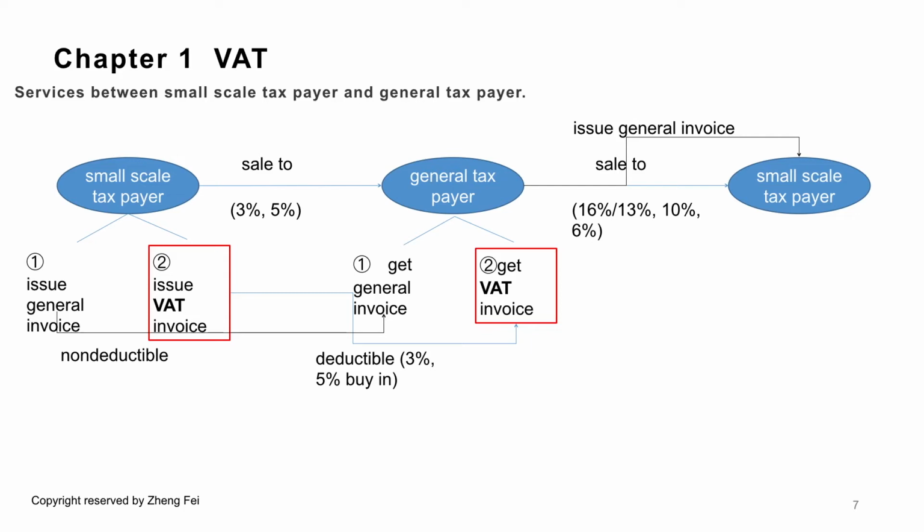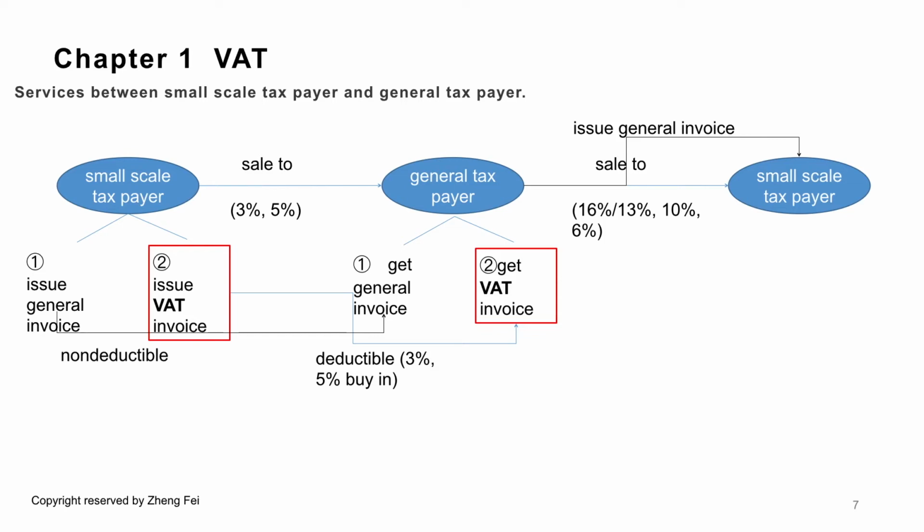So the small-scale taxpayer could either issue a general invoice, which is non-deductible, or issue a VAT invoice, which is deductible. And then this general taxpayer sells the service to a small-scale taxpayer and issues him a general invoice.